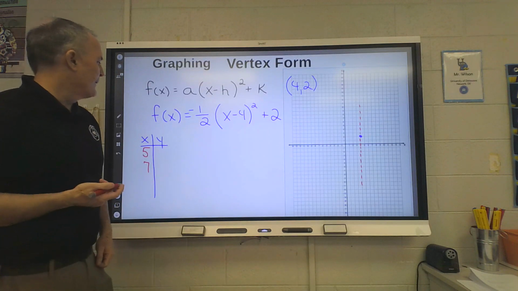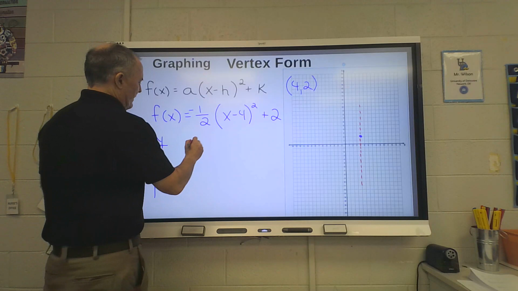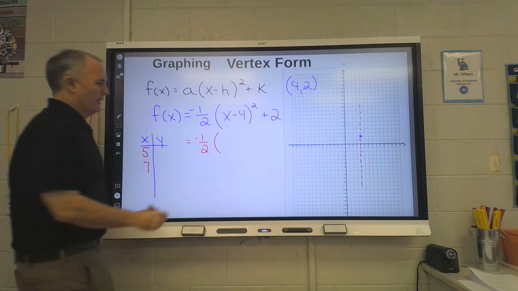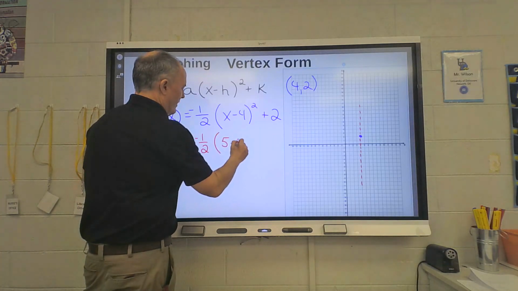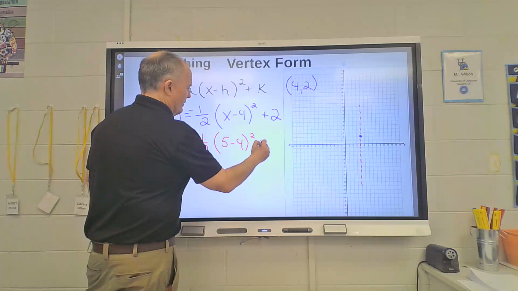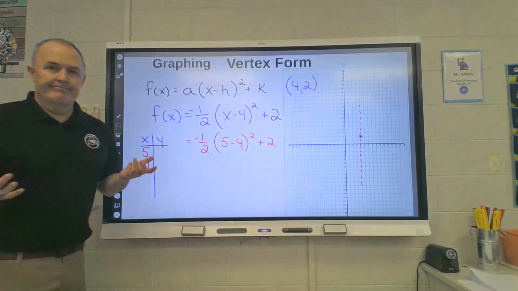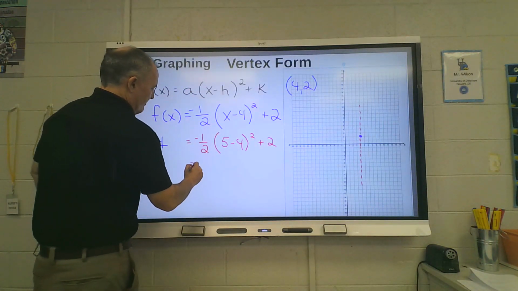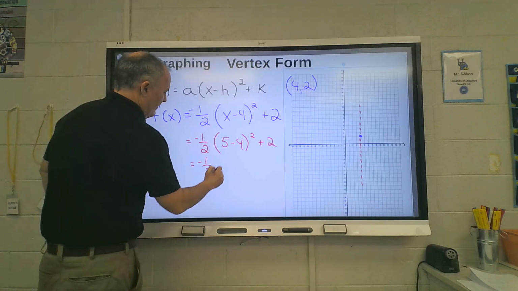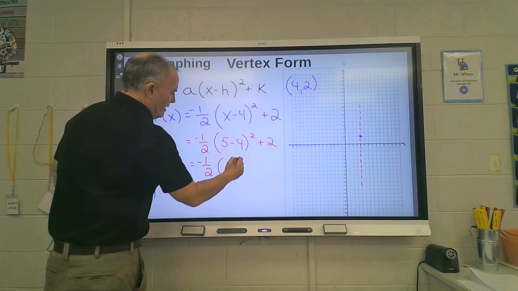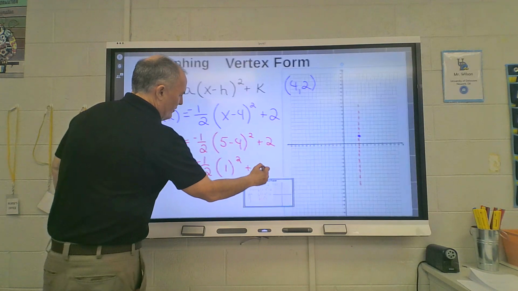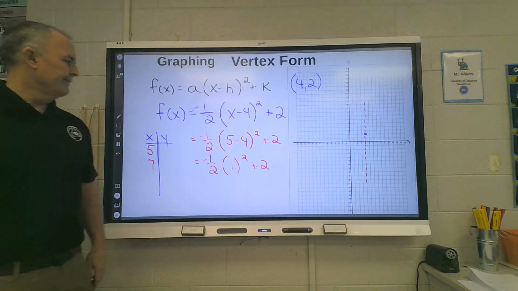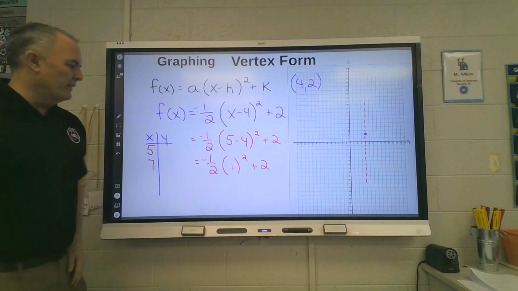So all I'm going to do is, once again, plug these in. It's negative 1/2 times 5 minus 4, squared, plus 2. Let's calculate the f of x, or the y. Negative 1/2. 5 minus 4 is 1, squared. 1 squared is simply 1.